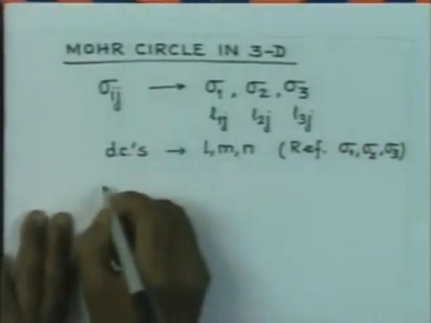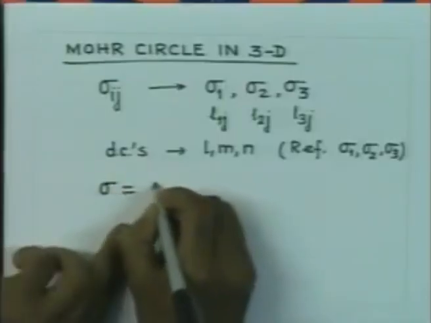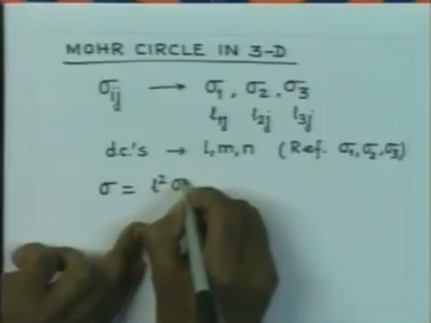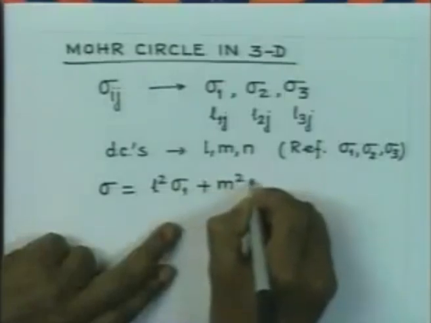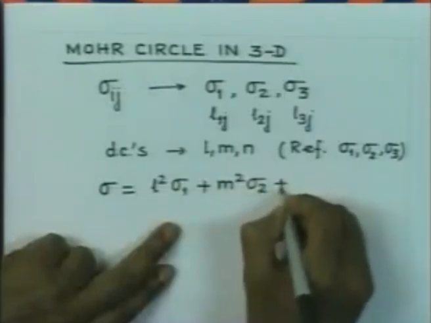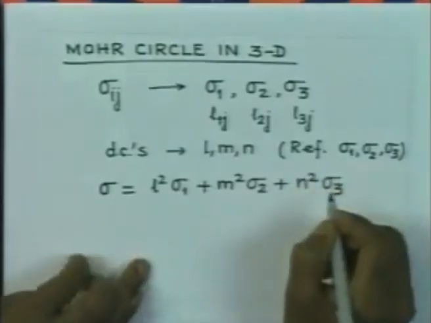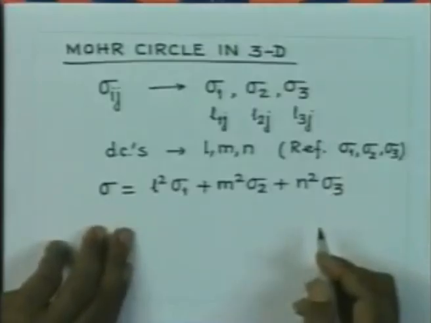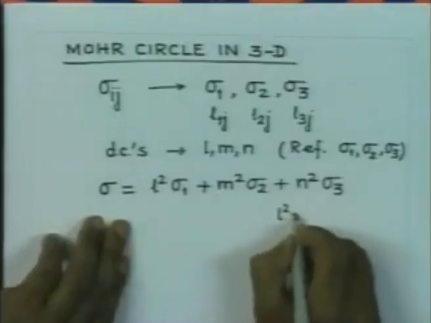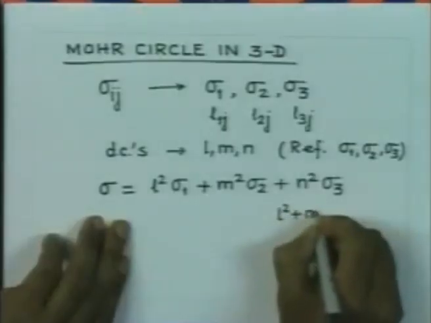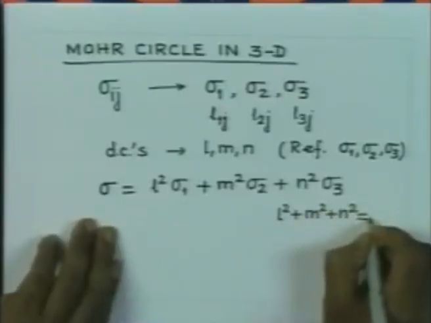So, on this plane we will have the normal stress given by L square sigma 1 plus M square sigma 2 plus N square sigma 3. We also have the relation that L square plus M square plus N square equal to 1.